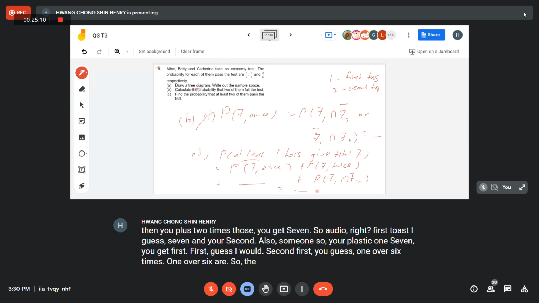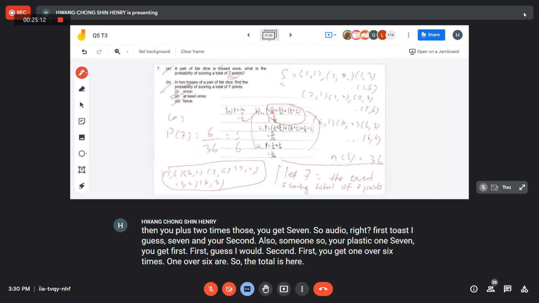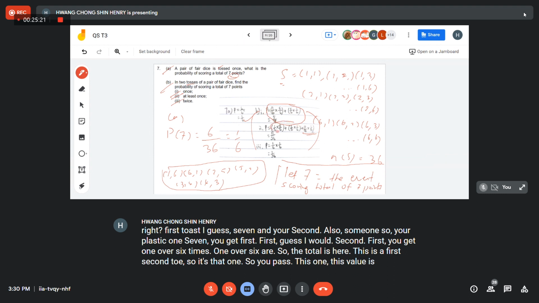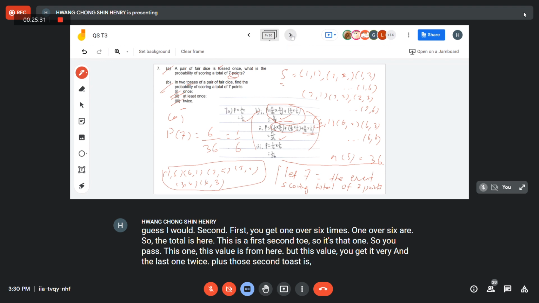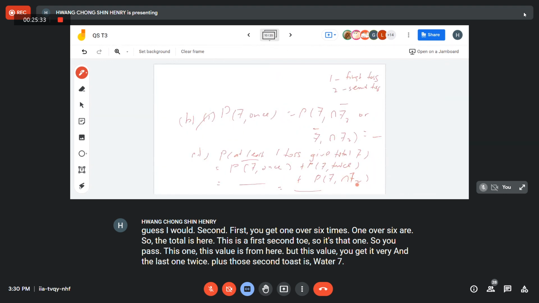So the total is here. This value is from here, plus this value, you get this value. And the last one, twice: first toss, second toss is total 7. Which is this one, no?